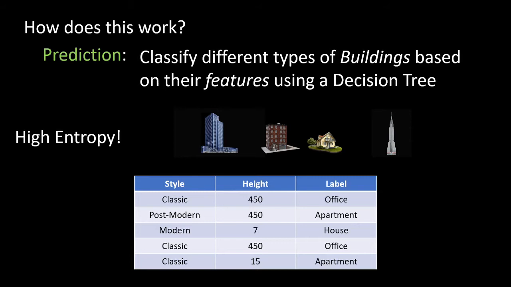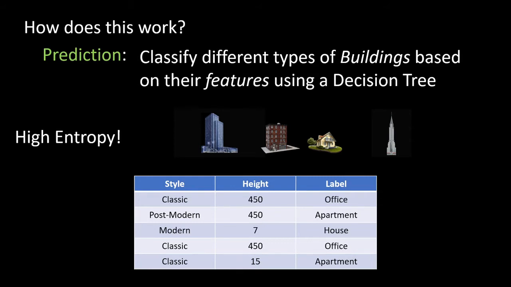Okay, so you see that the style of the building is, let's say, classic, postmodern, modern, and classic again. In their height features, we've got 450, 7, 450 again, and 15. So we can break out those things. Then finally we have this label, which is our office, apartment, a house, an office, an apartment again.